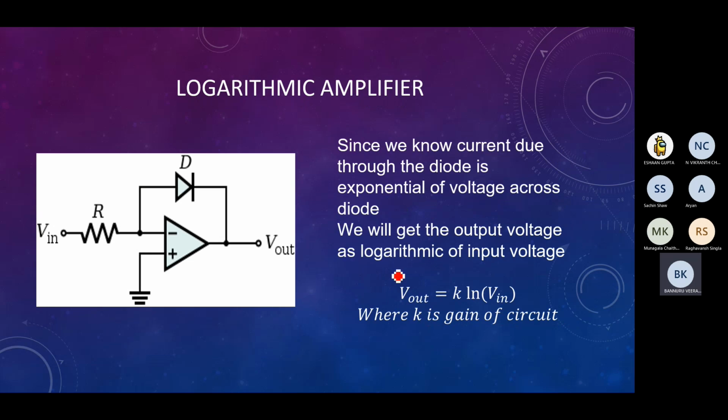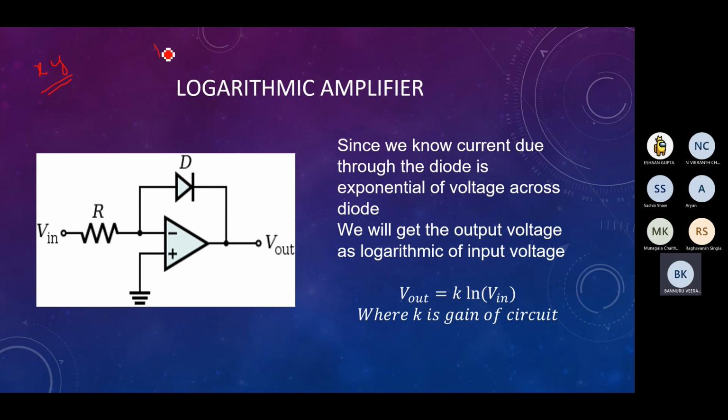Next we will look at the logarithmic amplifier. Why do we need a logarithmic amplifier? For example, if we want to multiply x and y, we will not get it directly using op amps. So we use logarithmic amplifiers.